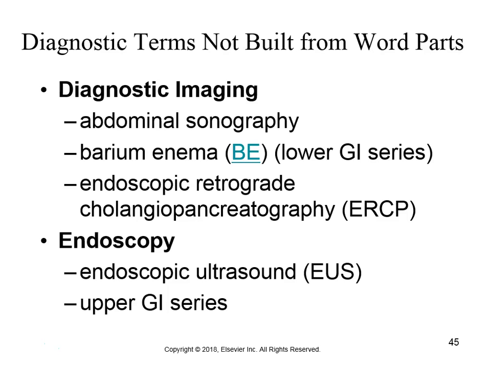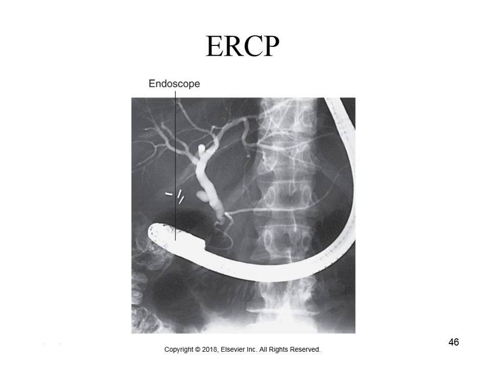And you'll notice this is similar to the one that is built from word parts that does the same thing. Here's an example of the ERCP, or the endoscopic retrograde cholangiopancreatography. And you can see the contrast media, and you can see the endoscopic probe.